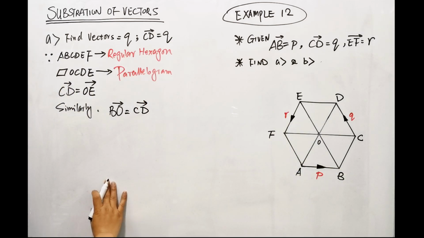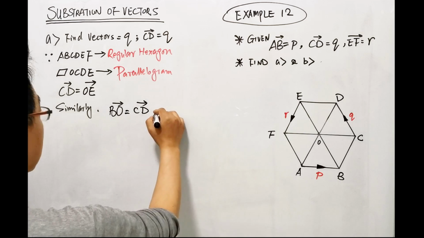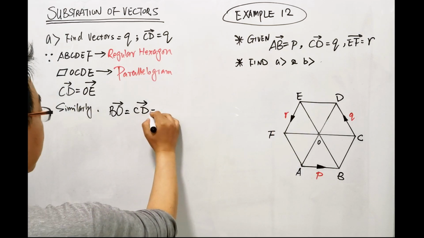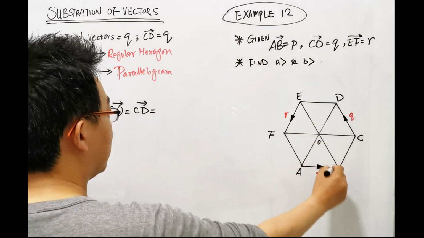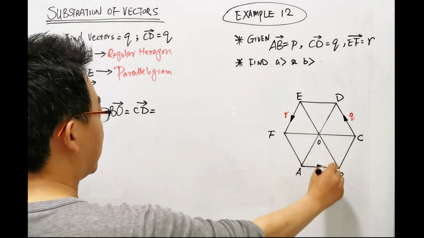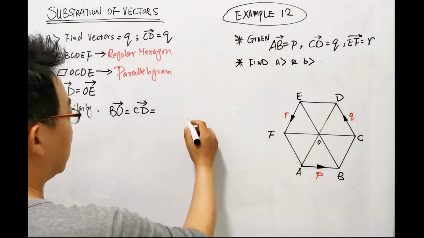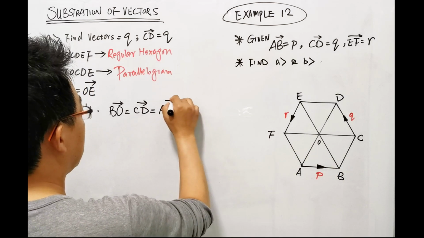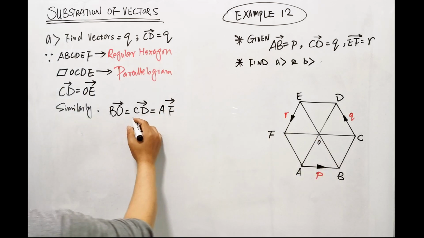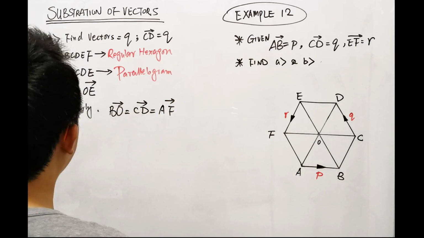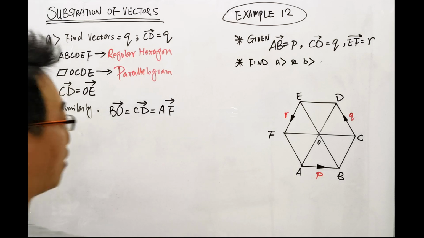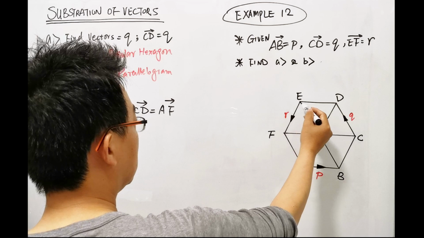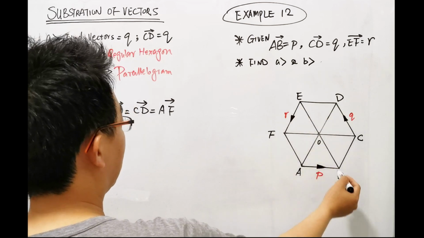So what else? Let's find out. Because this is also another parallelogram, AF is also equal to BO, hence they also equal CD. What else can we find? OE we already found.